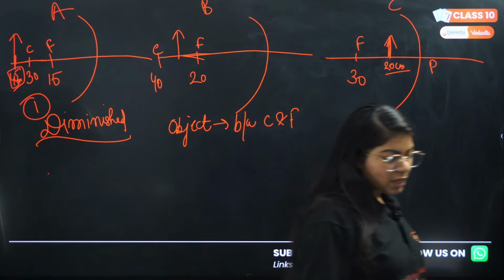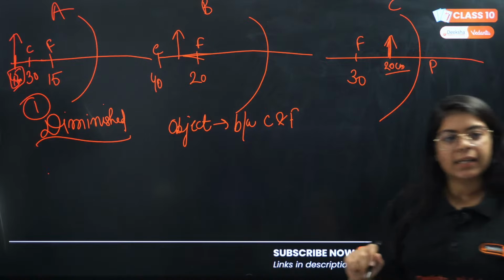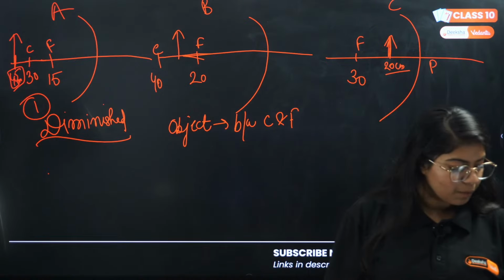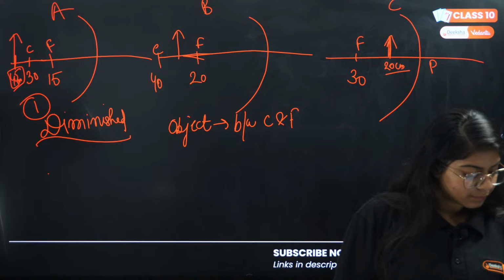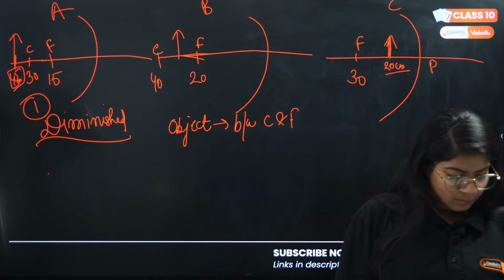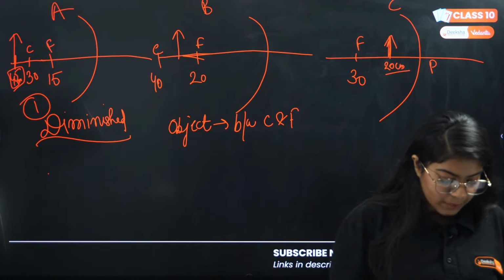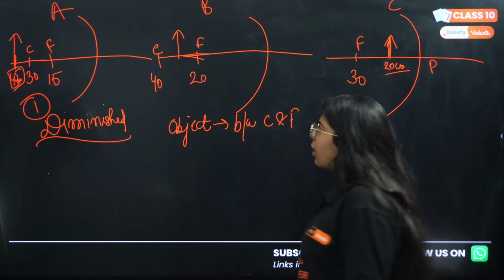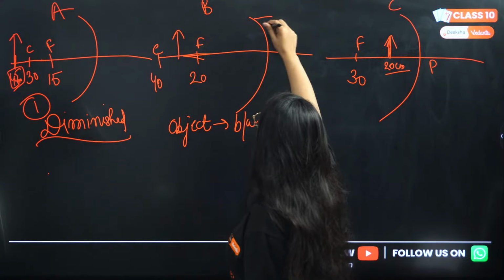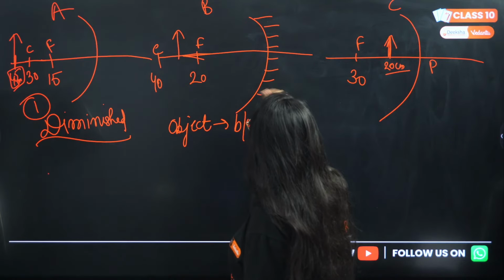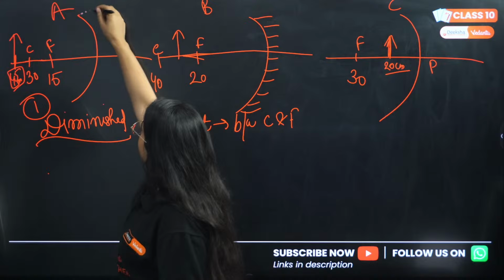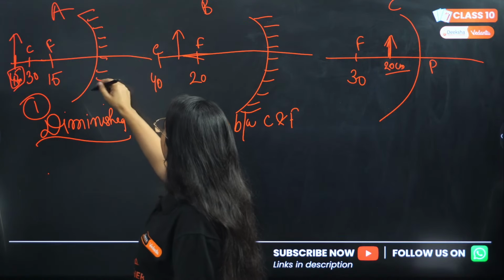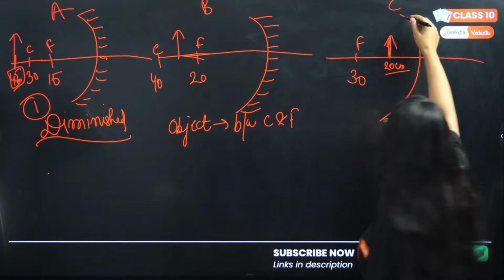Where will my image be formed in the second case, in case of mirror B? Image formed is virtual, erect and enlarged. Think again. It is between C and F.